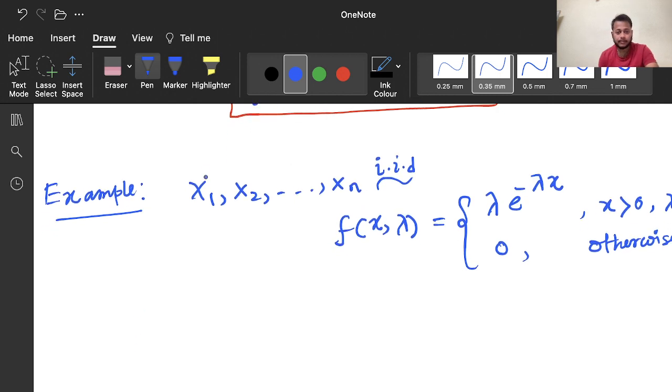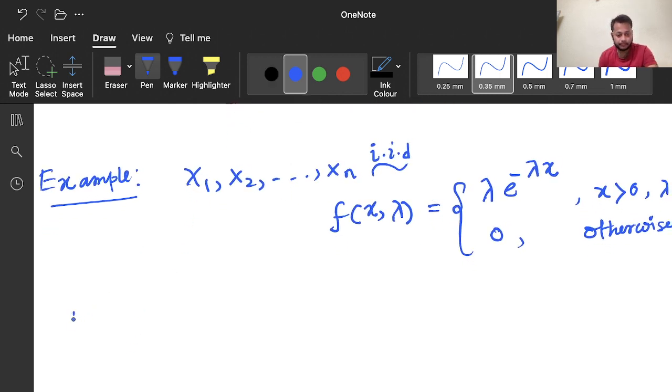Now here our null hypothesis is lambda is 1 and the alternative hypothesis is lambda is 2.